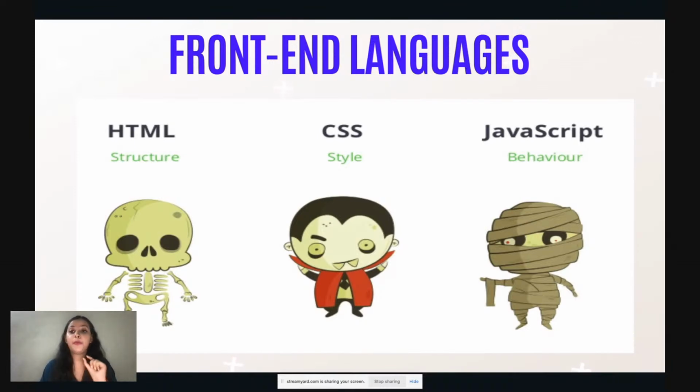It is not a programming language. Okay. The only programming language which we are using right now in front end development is JavaScript. Okay. So when you start learning front end development, always try to learn JavaScript in depth and as good as you can. Okay.